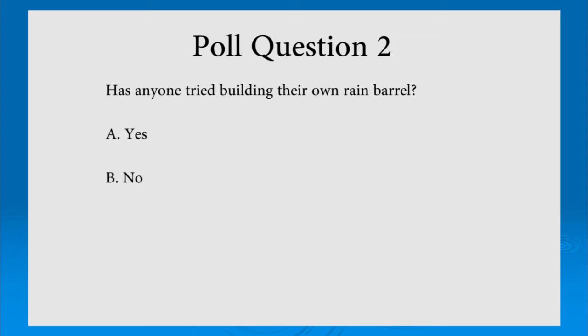So I'll end the polling here in a couple of seconds. It looks like we're about 31% yes and 69% no. So I think there's a new activity for some people to try here. Absolutely. Thank you. They are a lot of fun. Thank you, Michael. Okay, I'll see if I can get control back.